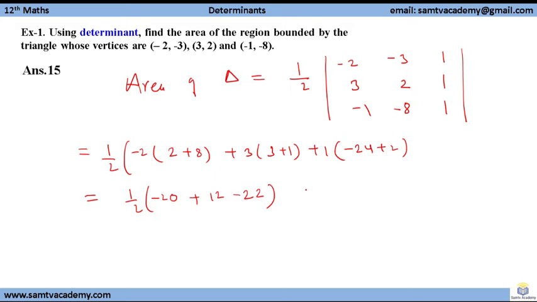It will be minus 1 by 2 into 30, and the final answer will be minus 15. As we know, we have to take only the absolute value. So it is 15 square units. So we have found this. Now the next question.